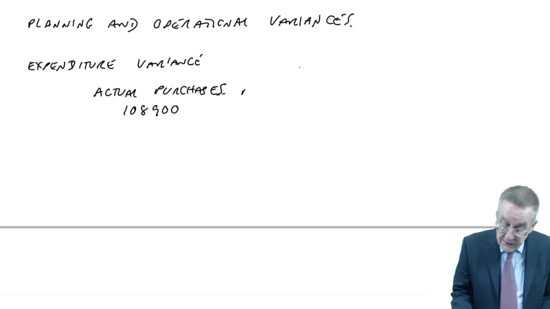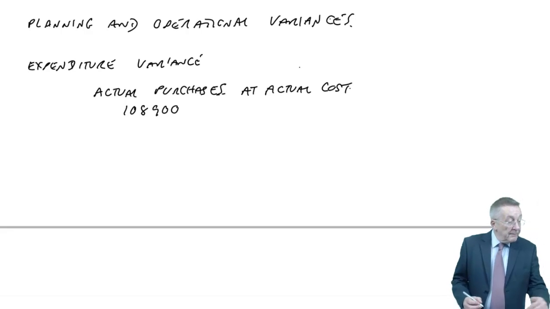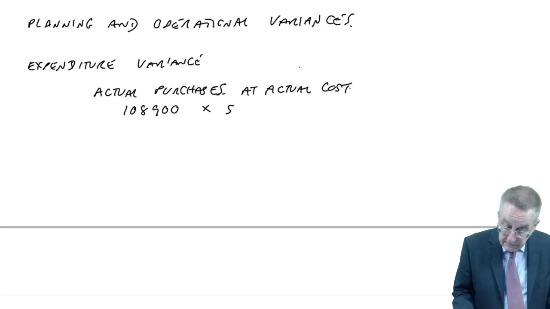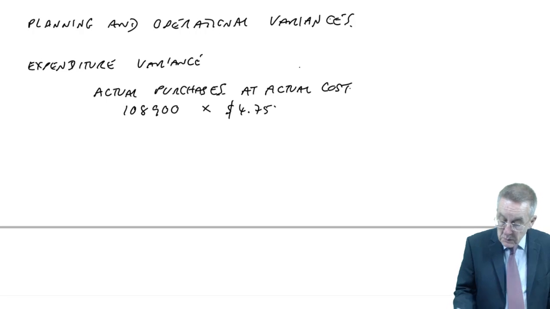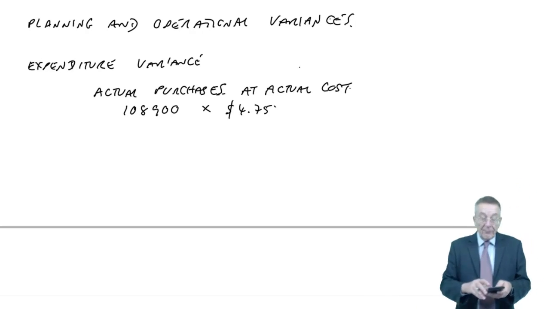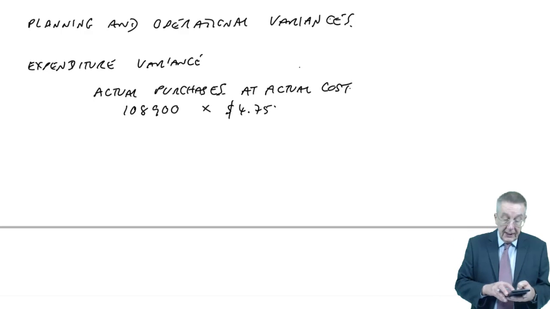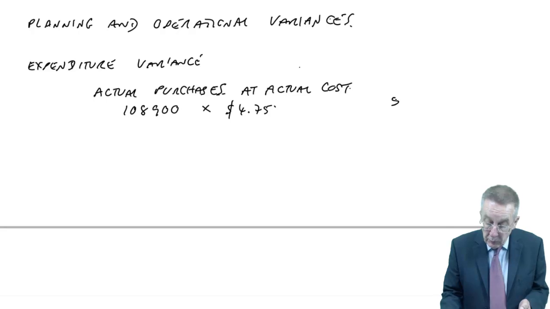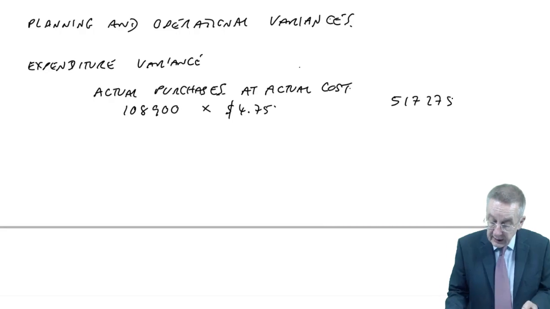So the actual purchases at actual cost, where are we? We paid $4.75 a kilo. And so the actual cost, 108,900 at $4.75, is 517,275.